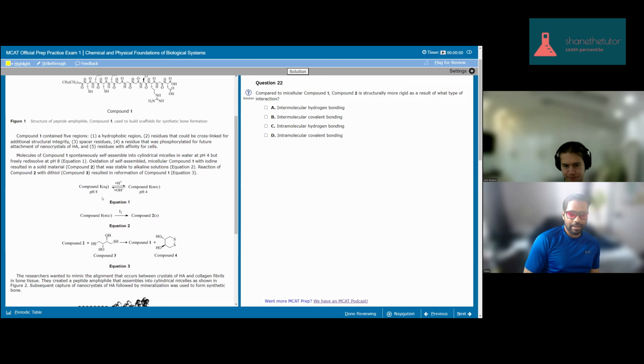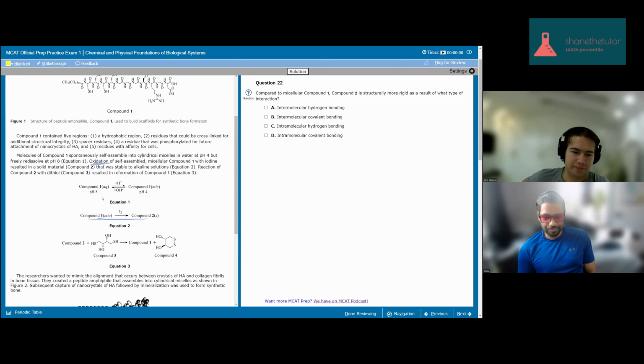Now, when I was asking you about this and hinted that they're talking about oxidation: if we know that reducing breaks disulfide bonds, oxidizing should make disulfide bonds, right?